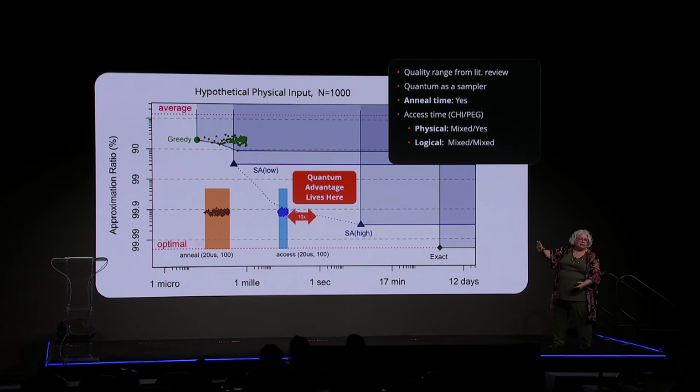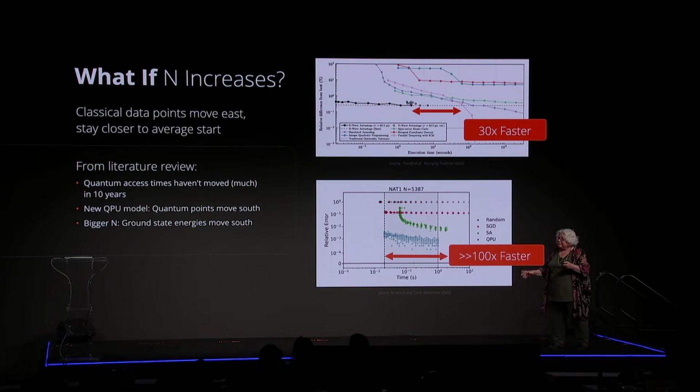And so what happens if inputs get bigger is the classical solvers move to the right and the quantum solver moves down to the south. And you see that the Pareto region gets bigger. And that explains why on the very largest problems, which are the physical problems on Pegasus, you actually start seeing yeses again.